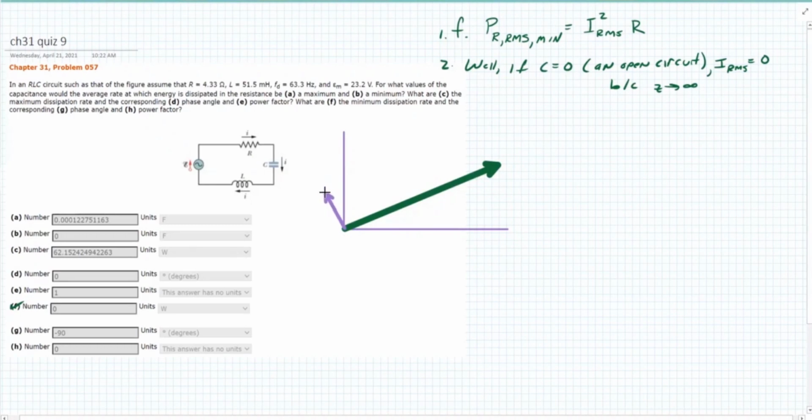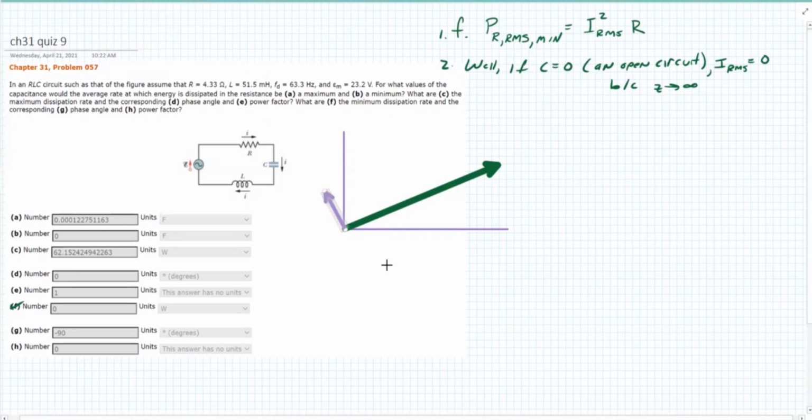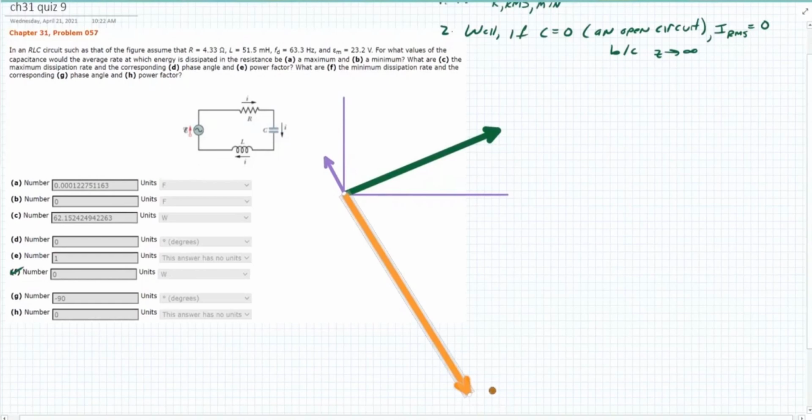Here's the voltage drop across the capacitor. All right, so if my capacitance is equal to 0, my capacitive reactance is approaching infinity. So ready? Let's just draw this off to infinity.